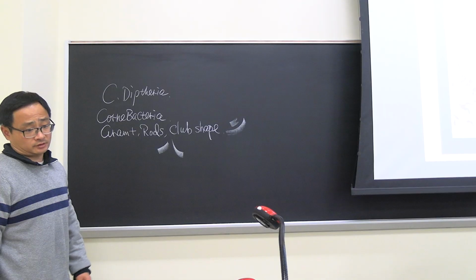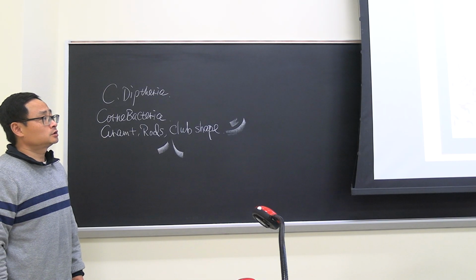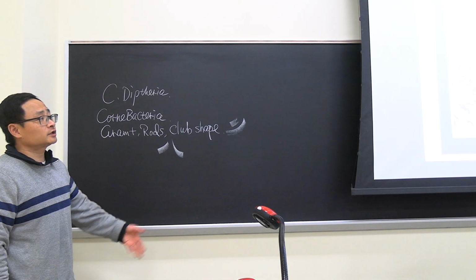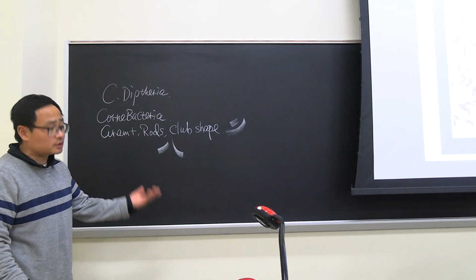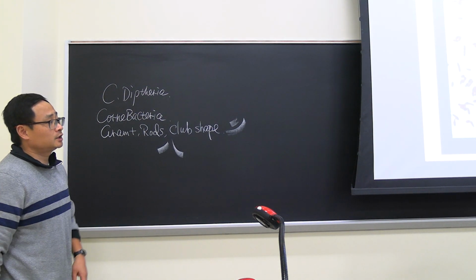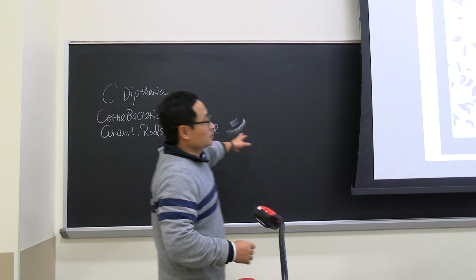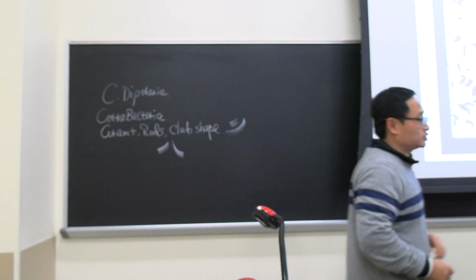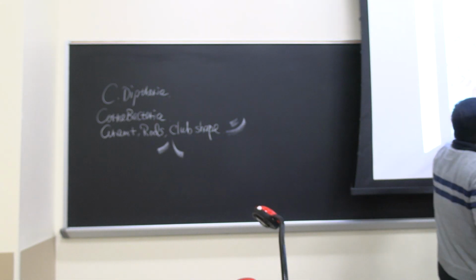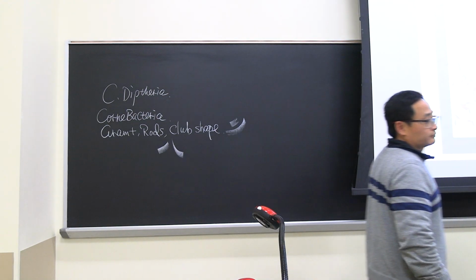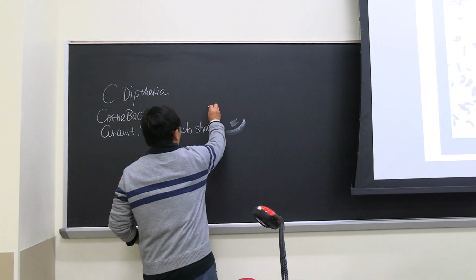It's a diplococcal arrangement, it looks like a diplococcus, but diplo-rod shape. So it's a club shape, like two people stacked together. Some people also say it's like a Chinese character. Very typical. You can often see it like this.